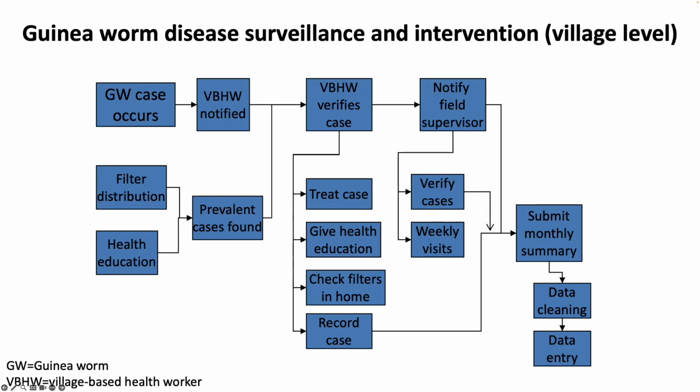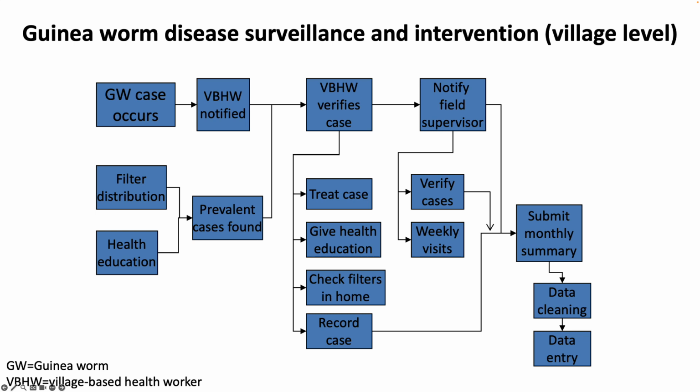So just to give you a sense of the process drawn out here on the schematic, if you start at the top left, this is what's supposed to happen when a guinea worm case occurs. Because of the relationships and health education that the village-based health worker has developed and done in villages, the people in each village, either the people who develop guinea worm or their household members, will notify the village-based health worker about the possible case.